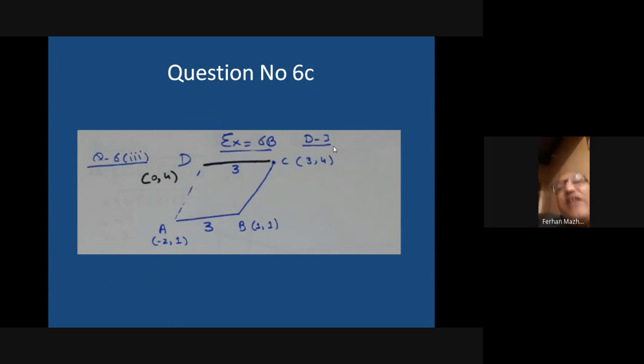So the x of D, from 3, if you move 3 steps to the left, will become 0. The y value will not change because we have not moved vertically. So D will have the coordinates (0, 4).